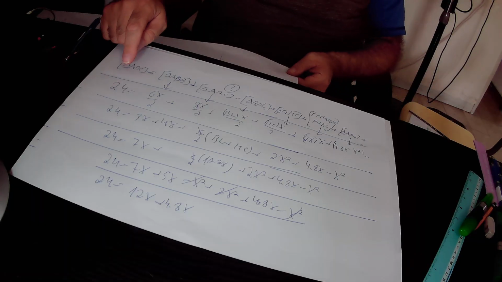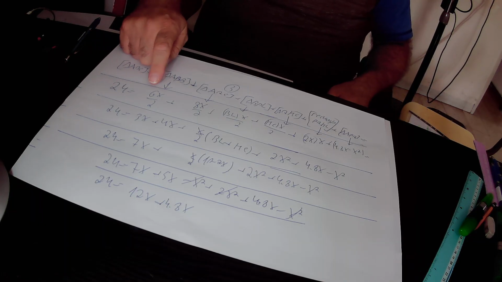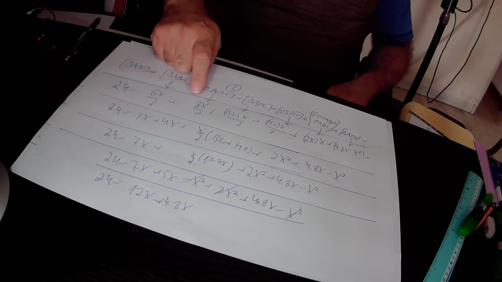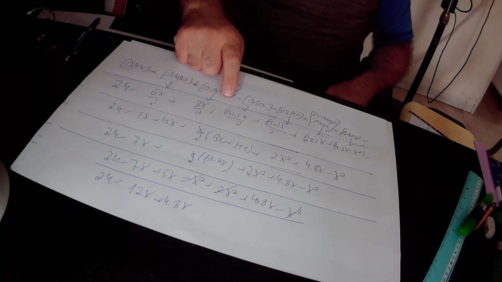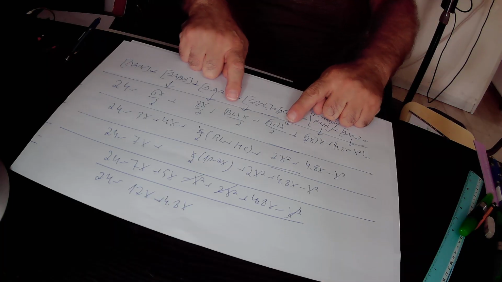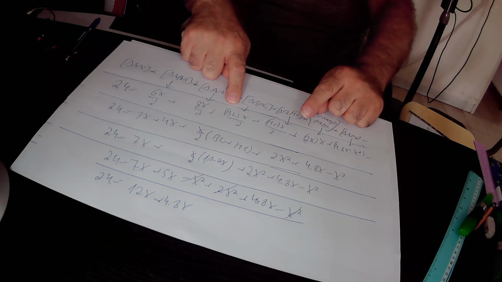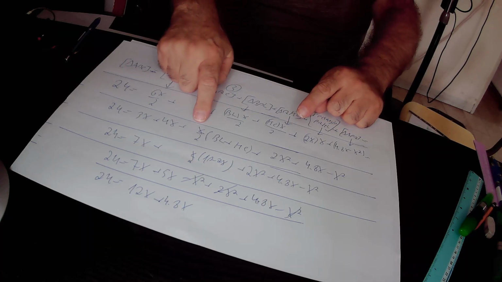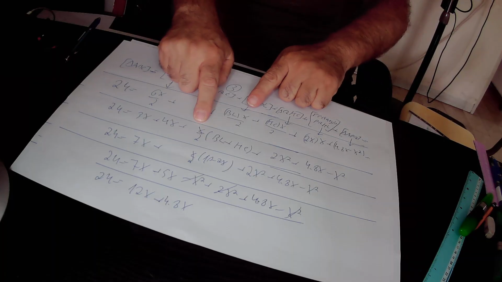So, 24 equals 6x over 2 is 3x, plus 8x over 2 is 4x, and we have here BL times x over 2 plus KC times x over 2. Here we took x over 2 as a common factor out of those two expressions. What is left from this expression after we took x over 2 as a common factor?